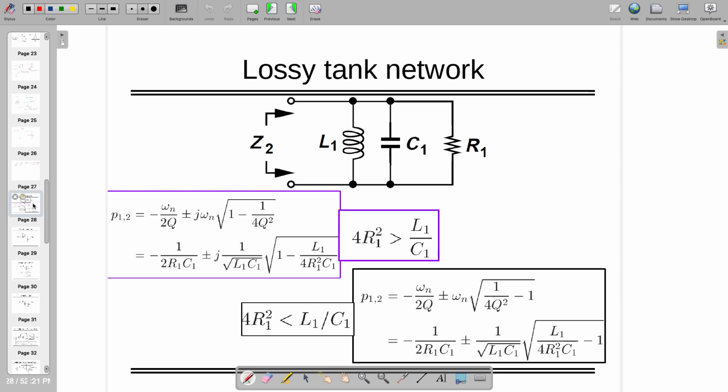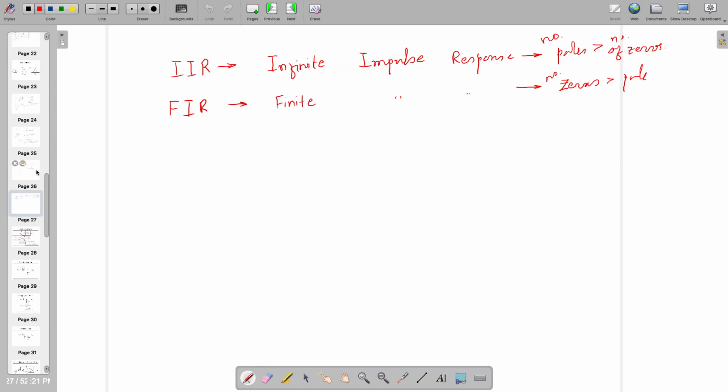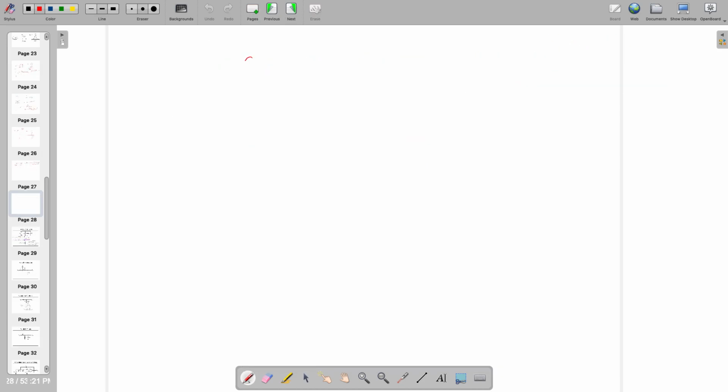Now, in reality, if you remember in the last spice session, when you wanted to make the real system where all the parasitics will be there. In an inductor or in a capacitor, you may have extra resistance, because we always believe that it's purely inductive or purely capacitive, but that's not the fact.